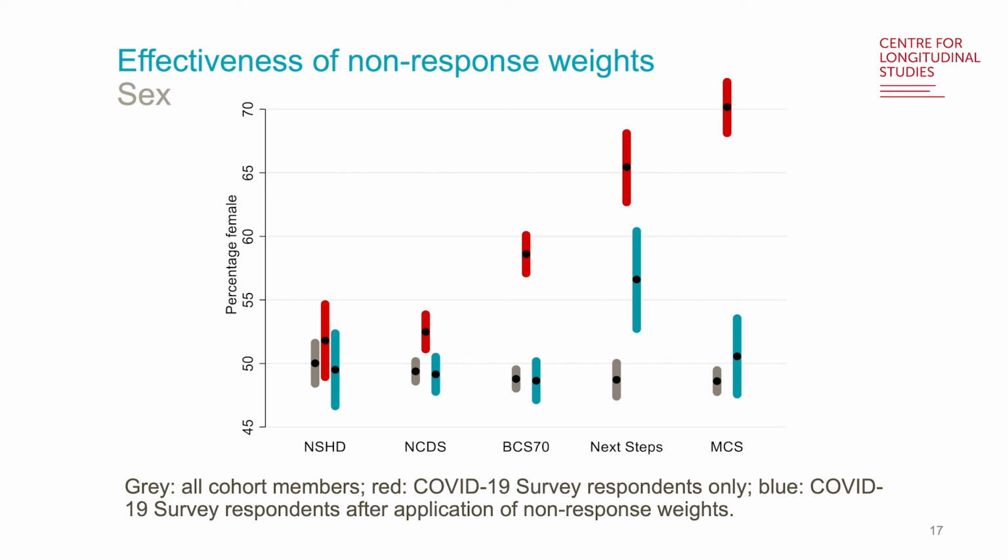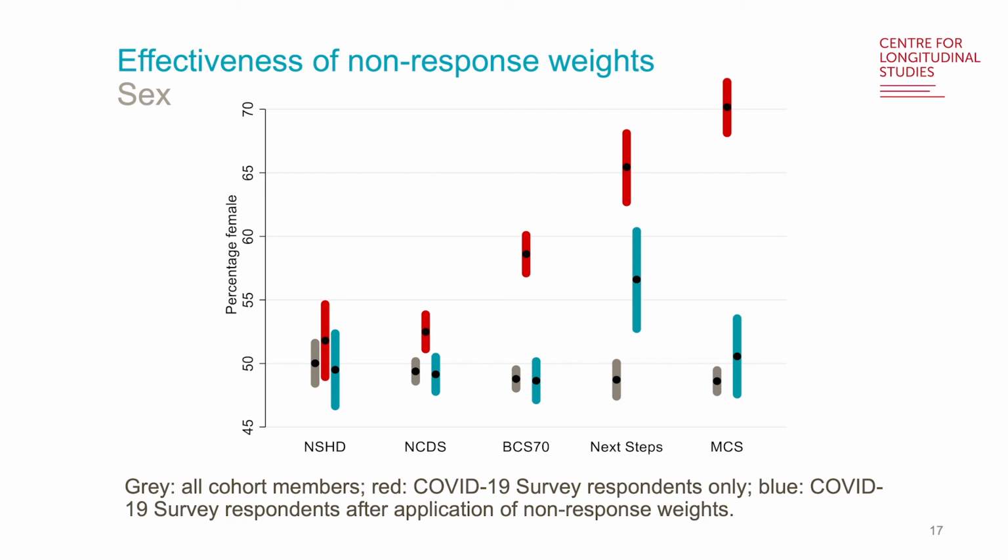So in NSHD, there's not a huge amount of bias caused here when we compare the red and the grey bar, but we can see that in the more recent cohorts, there's a considerable amount. For example, in MCS, in the whole cohort, just under 50%, maybe 49% of the sample are female, yet 70% of the respondents to the COVID-19 survey were female.